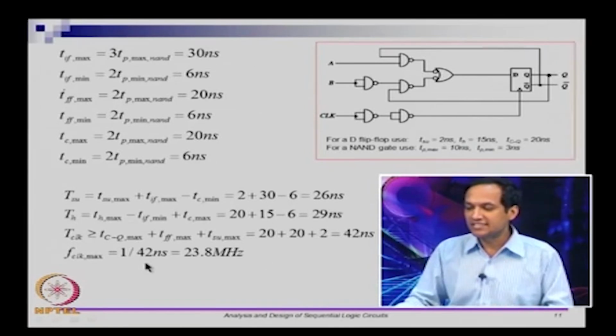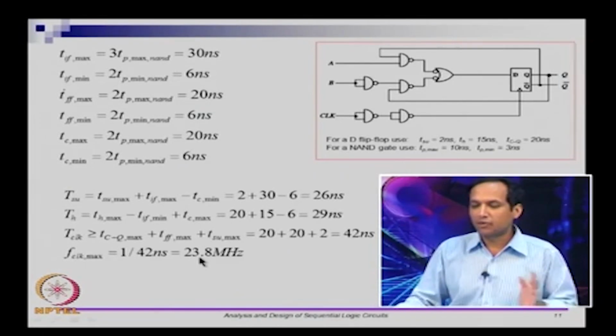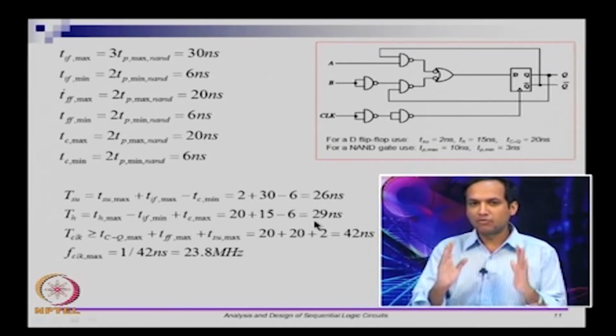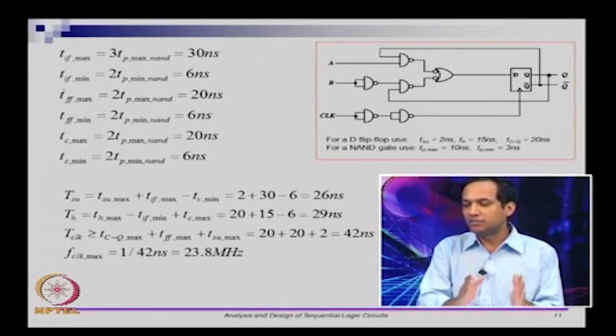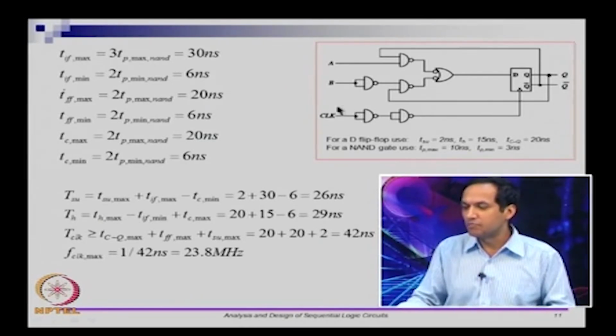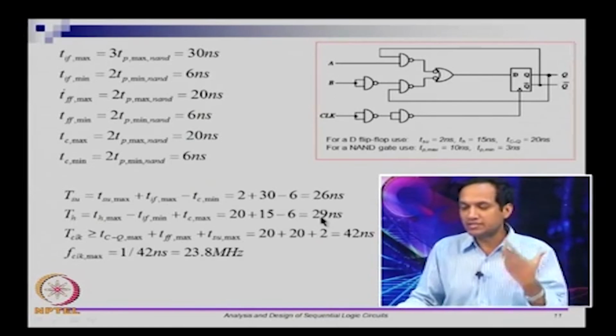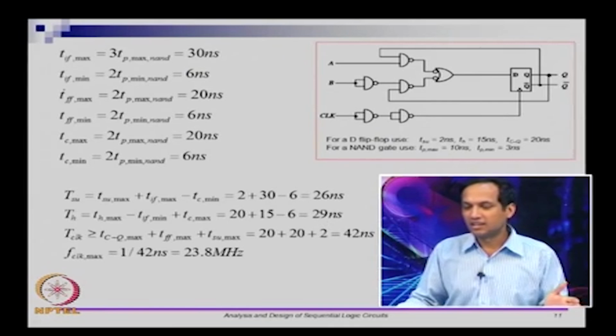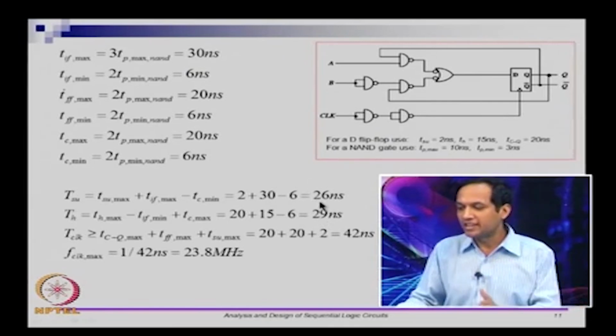So what this essentially says is your clock frequency cannot be more than 23.8 megahertz, and when the clock pulse comes in, the external world, at least 26 nanoseconds before and at least 29 nanoseconds after, so roughly for about 55 nanoseconds you have to keep the data stable at A and B. A and B should be stable for 55 nanoseconds, 26 nanoseconds before the CLK comes in and 29 nanoseconds after.